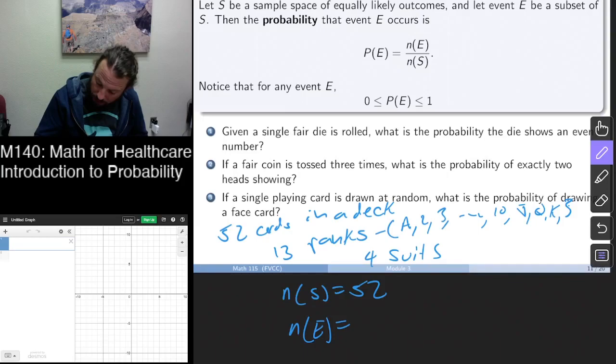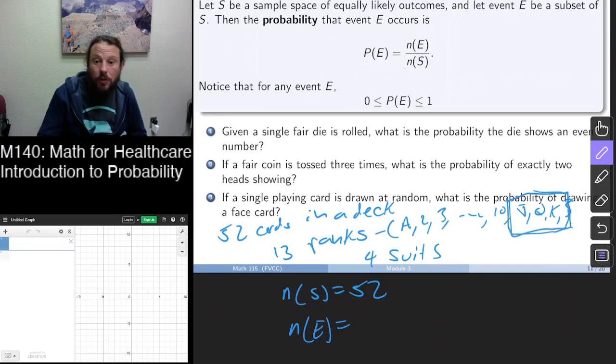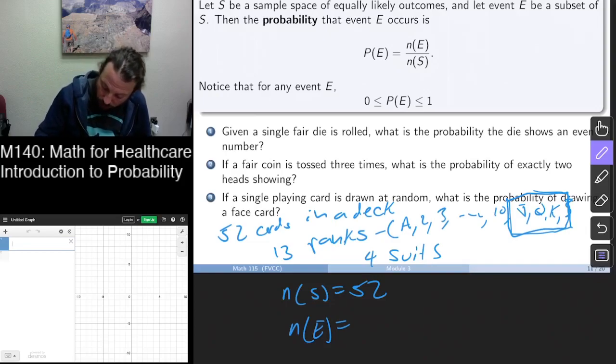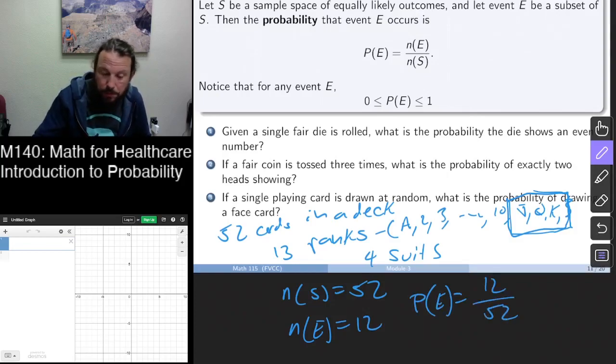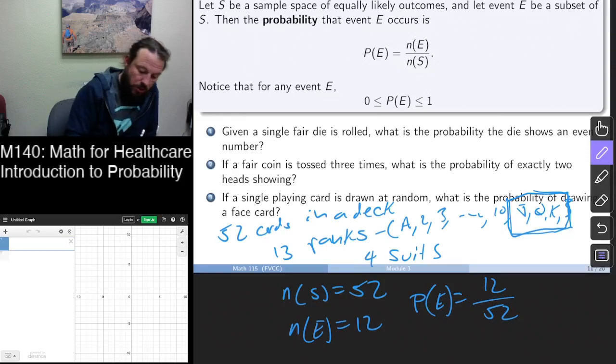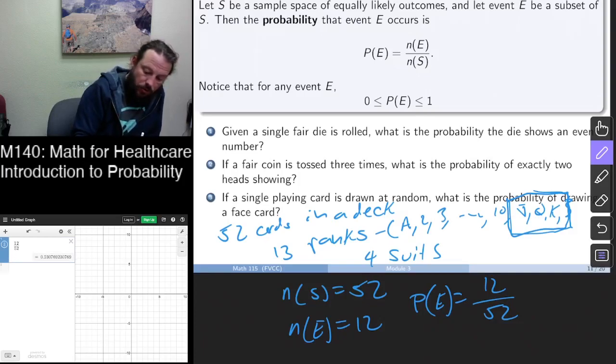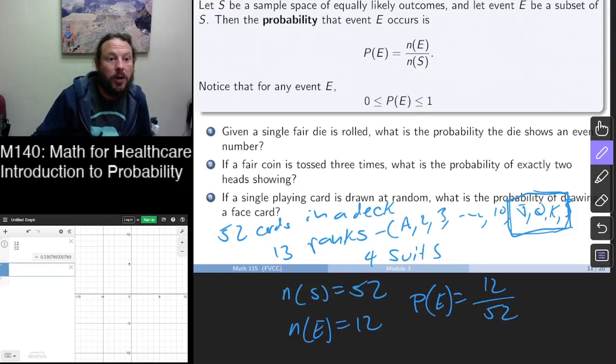Our ranks of face cards are jack, queen, and king. They're the ones that have a face on them. There are 4 of each of those for a total of 12 cards. And so the probability of E is equal to 12/52. If we want to see that in decimal, 12 divided by 52 comes out to about 0.231.